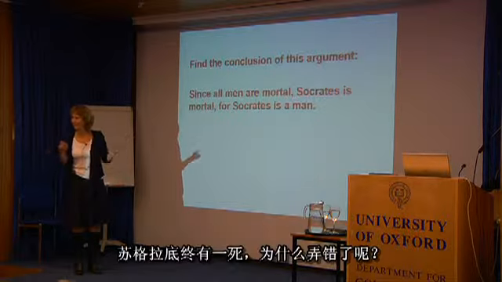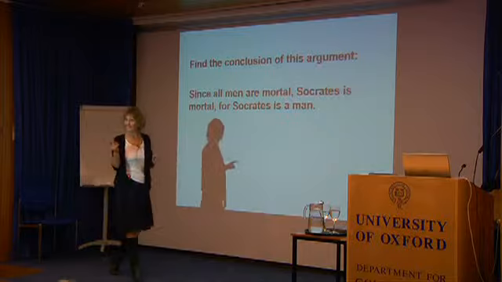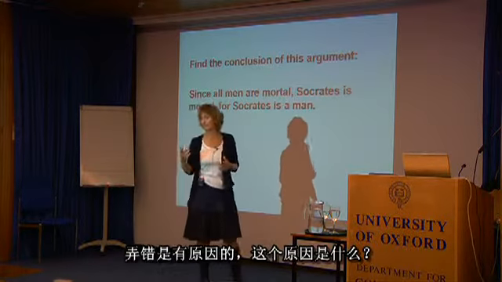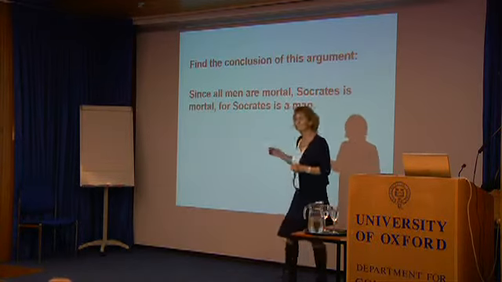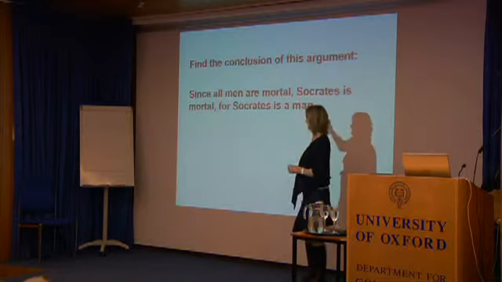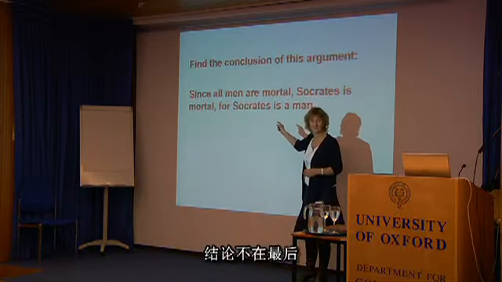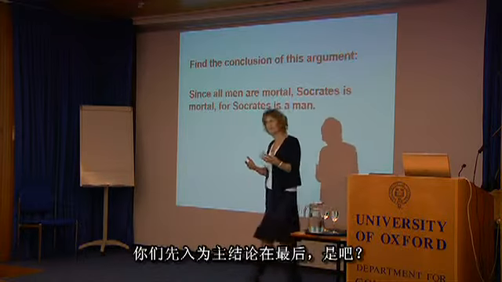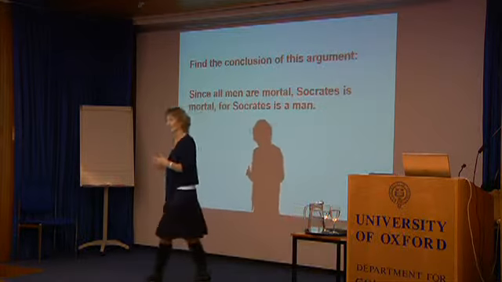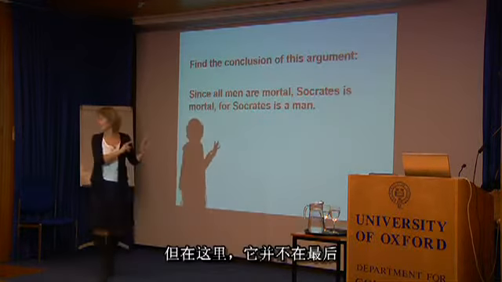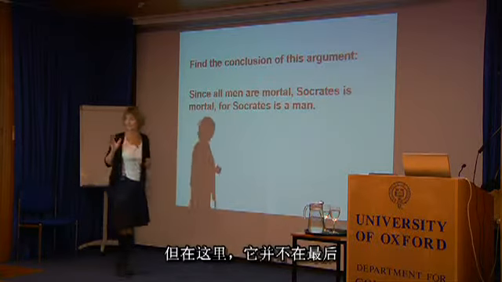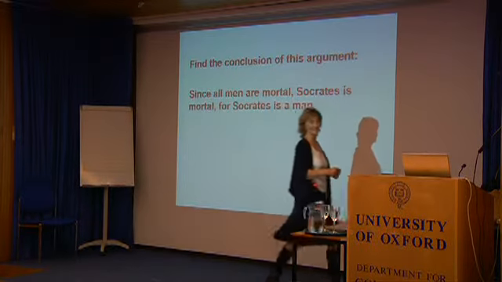Socrates is mortal, yes. Why did you get that confused? I mean, there's a very good reason for getting it confused. What is it? It's at the end. It's not at the end. You've been expecting to see the conclusion at the end, haven't you? But as you see from this one, it doesn't need to be at the end. In this one, it's in the middle, isn't it?